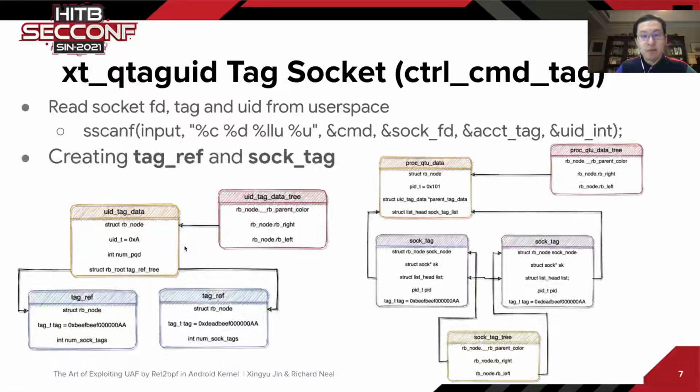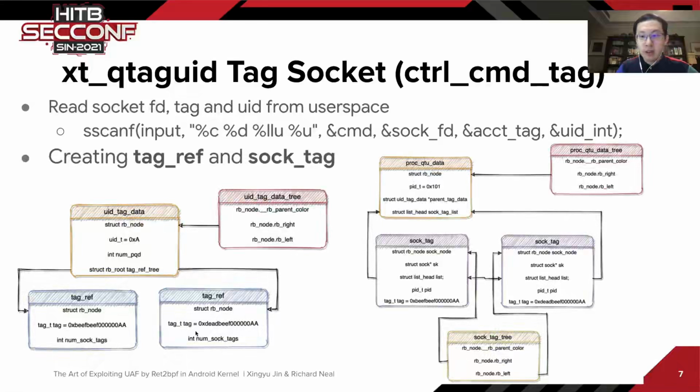First of all, the module will find the corresponding UID tag data based on the UID. The kernel will search a global variable called uid_tag_data_tree and find the corresponding UID tag data. Then a specific structure called tag_ref is allocated and initialized with the tag and the reference count.